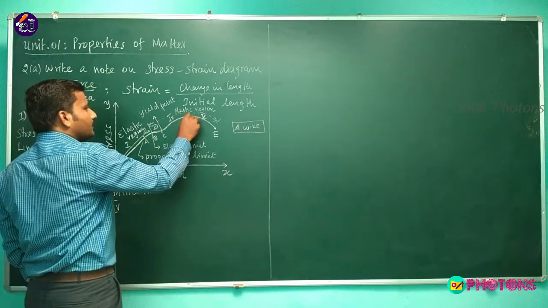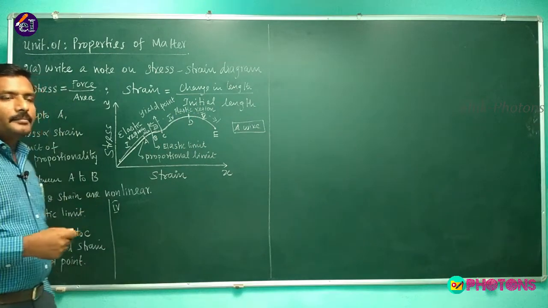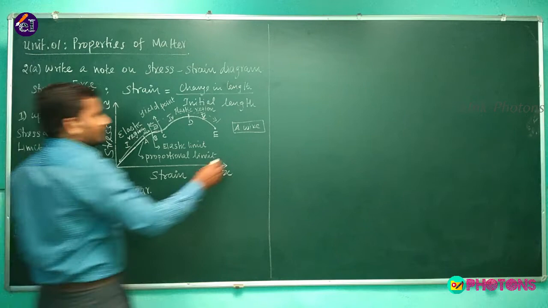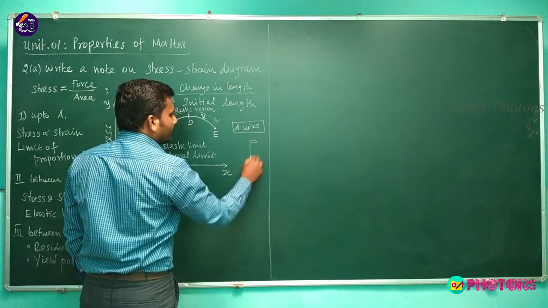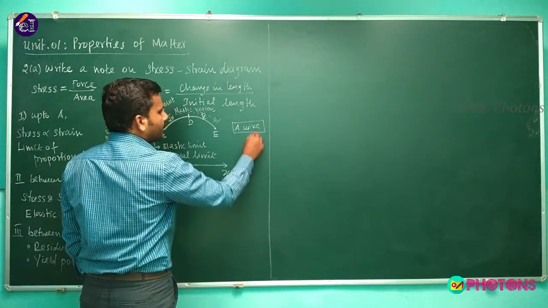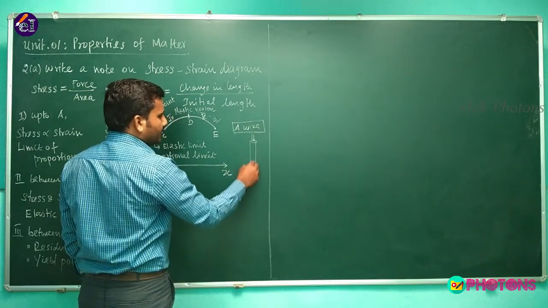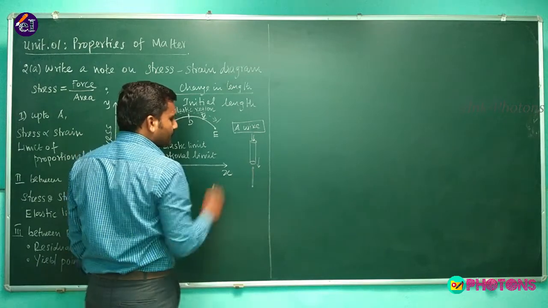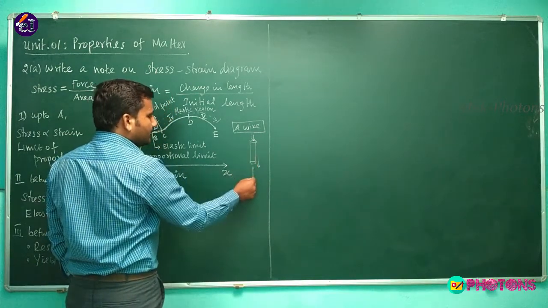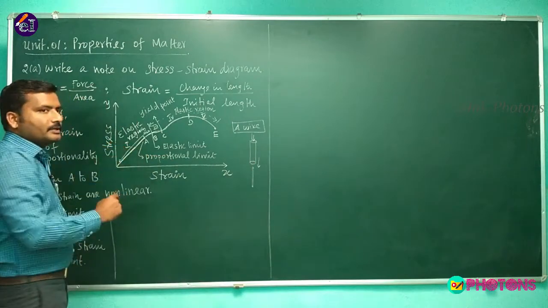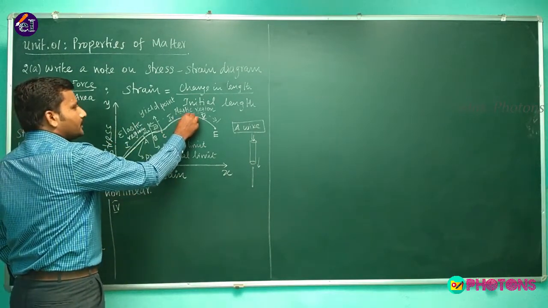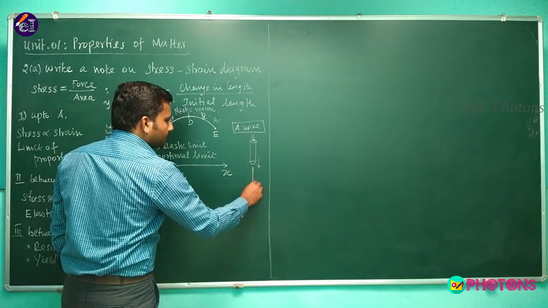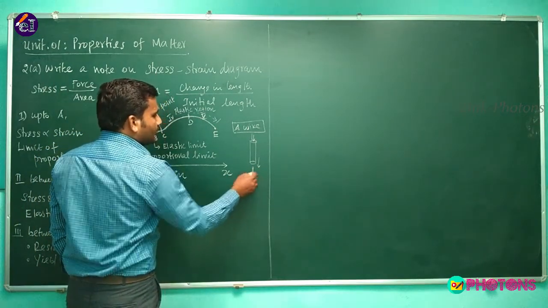So this is the point, right, where this material has a maximum deformation. What actually happens if we consider the wire and apply force on it, what happens when it elongates? The wire thickness will decrease. So the thickness of the wire will decrease when you increase the stress. In that case, point D is the point where the minimum thickness of the wire is experienced.